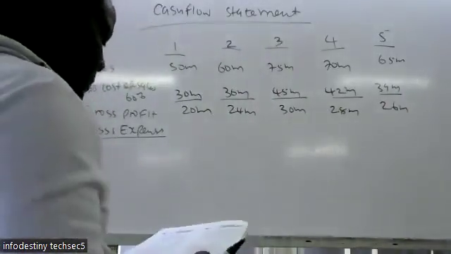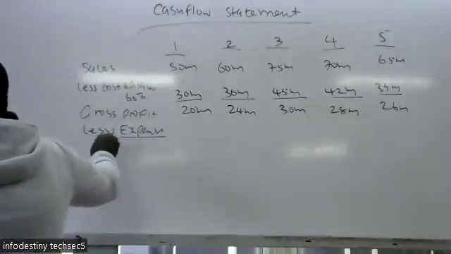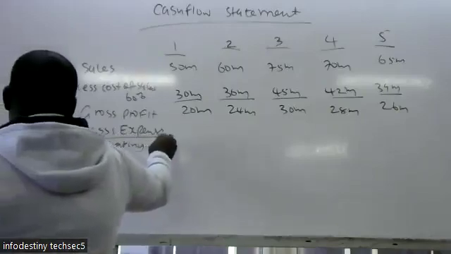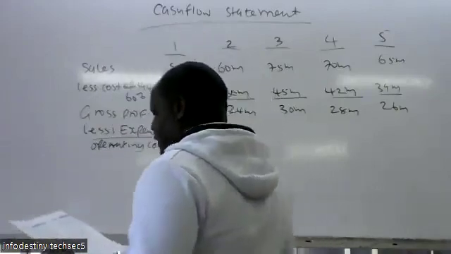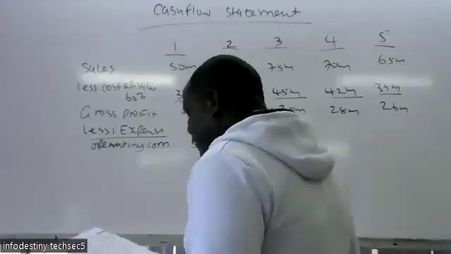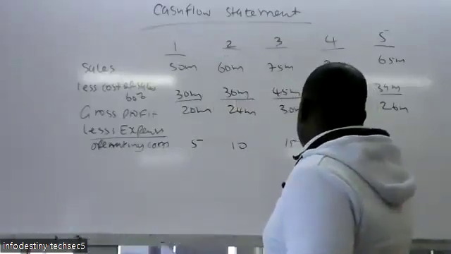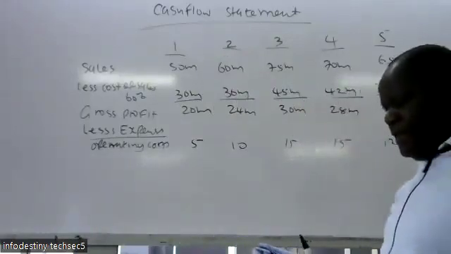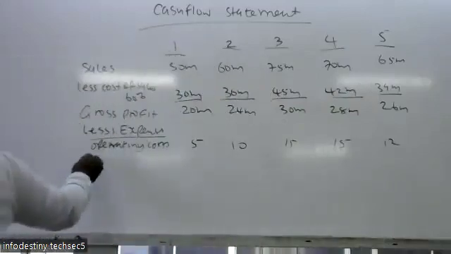So among expenses, there is operating costs. So those operating costs, there is 5, there is 10, there is 15, there is 15, there is also 12. Then there is also selling and administration.